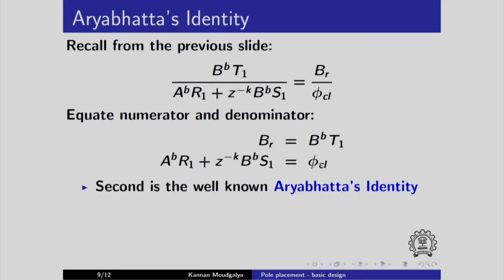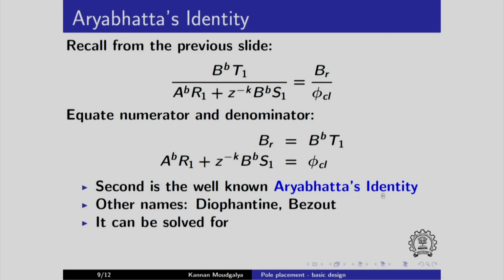The second equation is the well known Arya-Bhatta's identity. We have seen it before. Other names are Diophantine equation and Bezout identity. This equation can be solved for R1 and S1, and of course we have to assign a value for T1. Often we choose T1 to be 1, other options are of course possible.